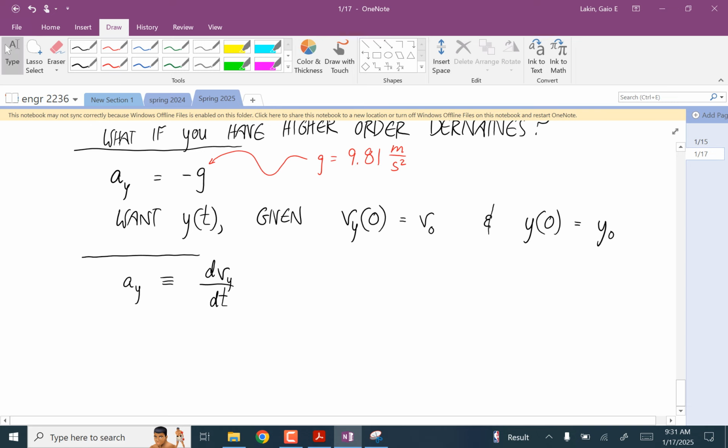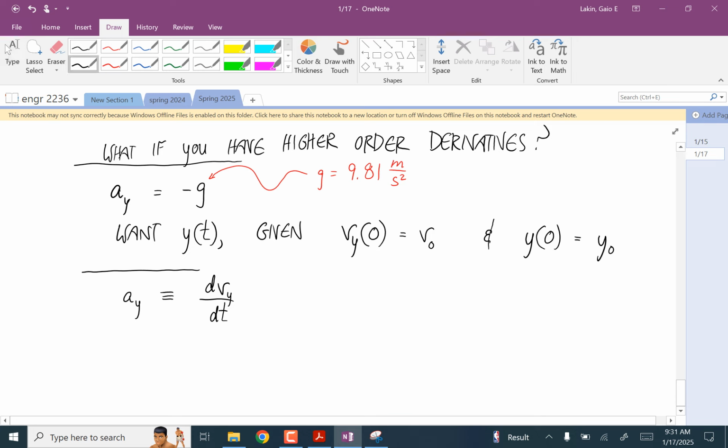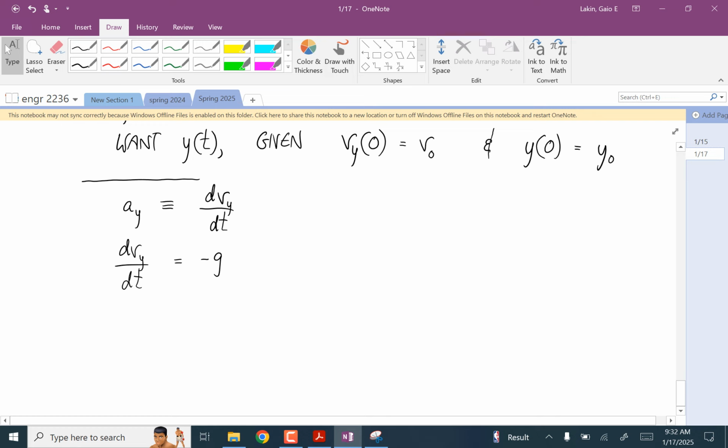And so I'll put this in as dvy dt is equal to negative g, where that g isn't a variable, it's just a constant. I could have put in 9.81 instead. Now, is this separable?